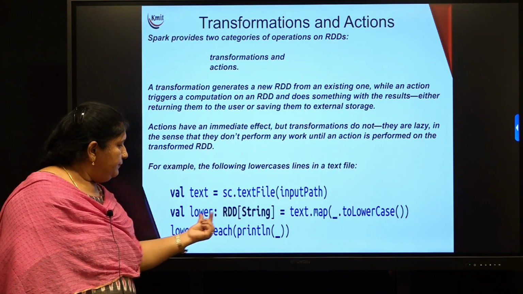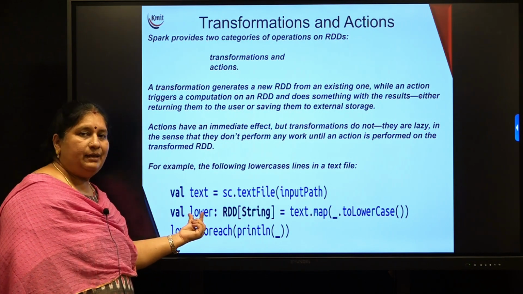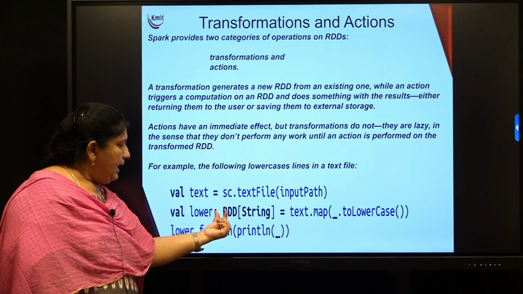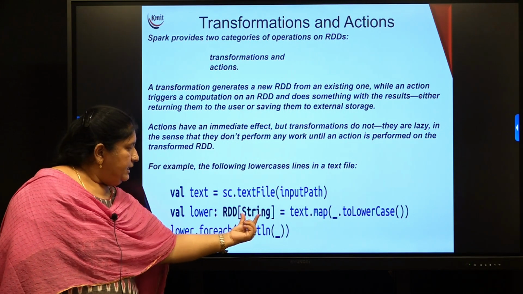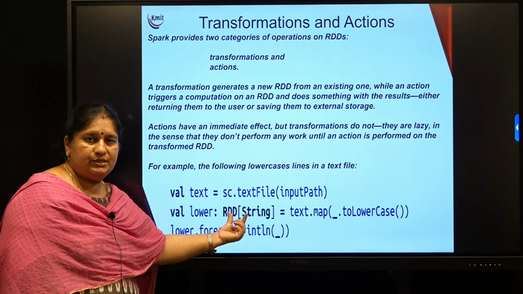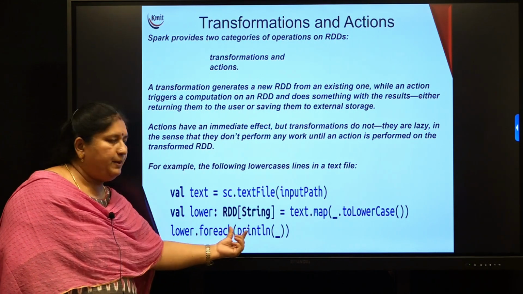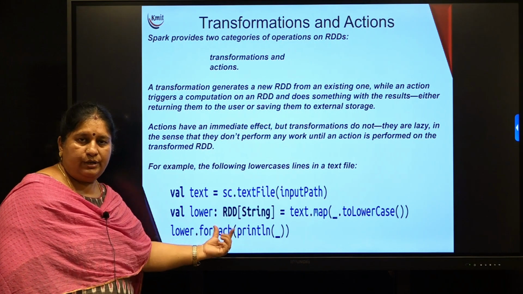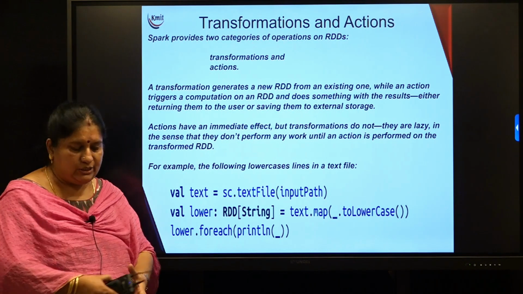How do you say that? If you see here, the value for lower is a variable of which type? An RDD of data type string. So if the return type is an RDD, it should be considered a transformation. Here what are we trying to do? We are just trying to print it. So when there is no return type or the return type is not an RDD, it should be considered an action.